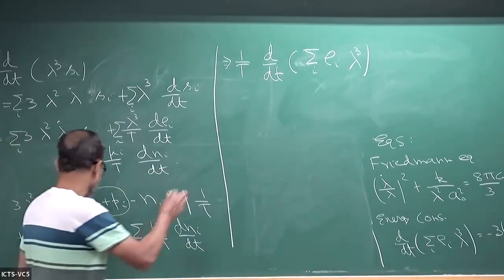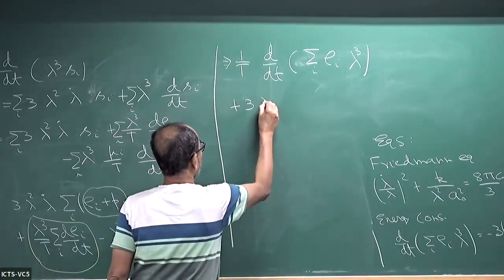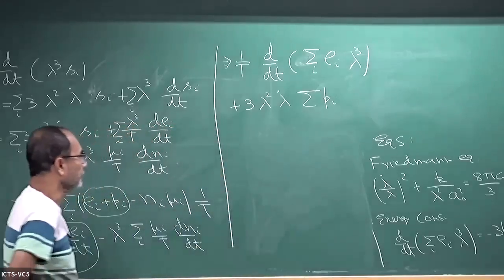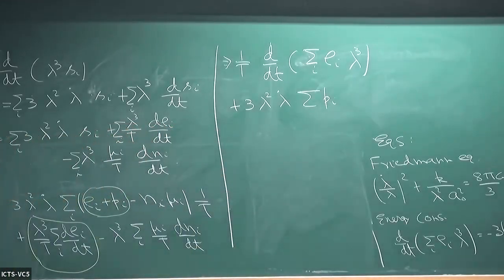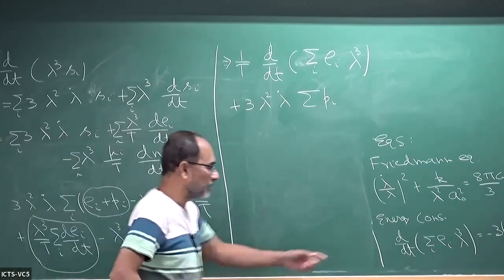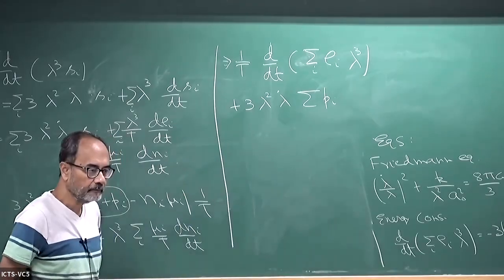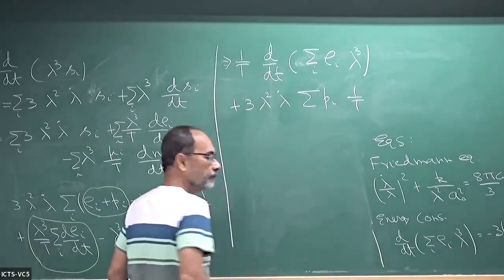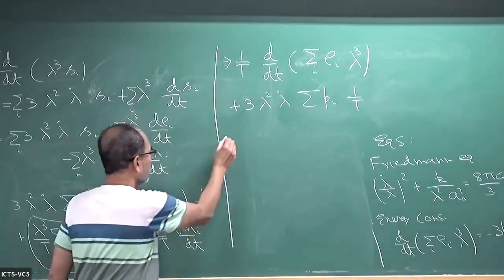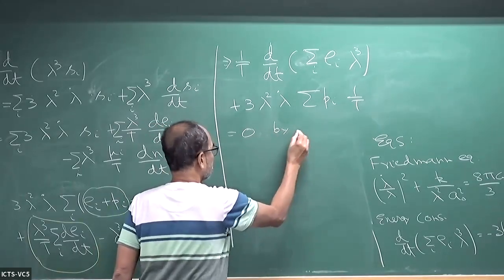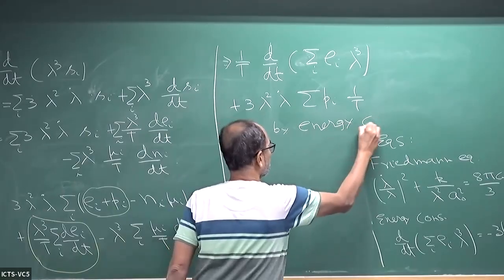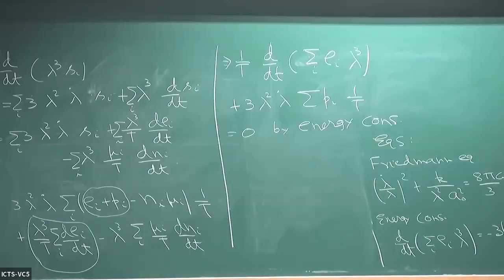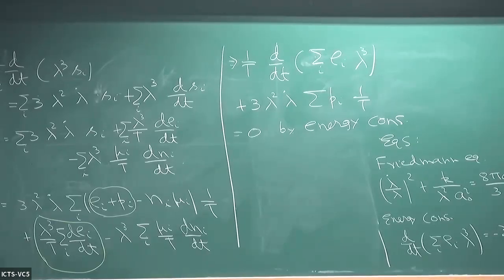Let me write the second term also: 3 lambda square lambda dot sum over Pi. That, by energy conservation, is 0. So this is 0 by energy conservation. Is that clear?